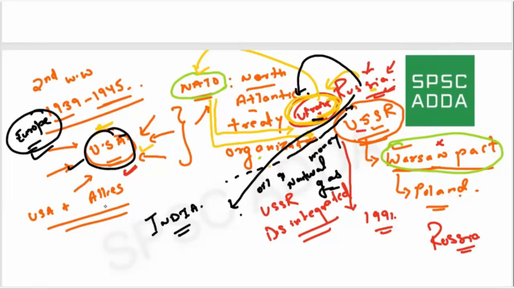So they are saying India is indirectly funding the war. So Europe and the USA said that India should not purchase oil from Russia.